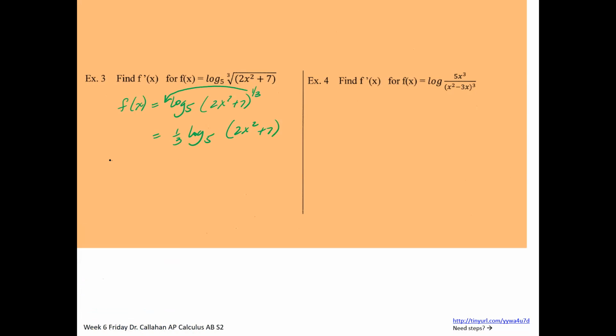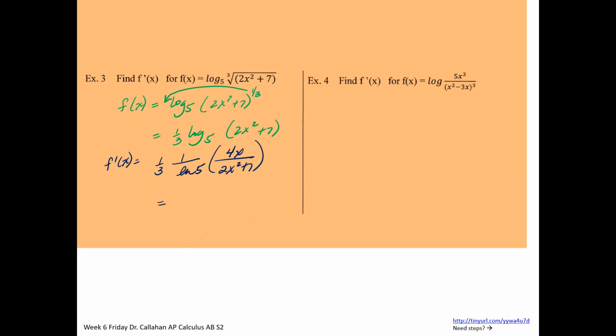So let's go ahead and find the derivative. The derivative of this is going to give you 1/3 times 1 over ln 5 times u prime, the derivative of 2x squared plus 7, which is 4x, over 2x squared plus 7.